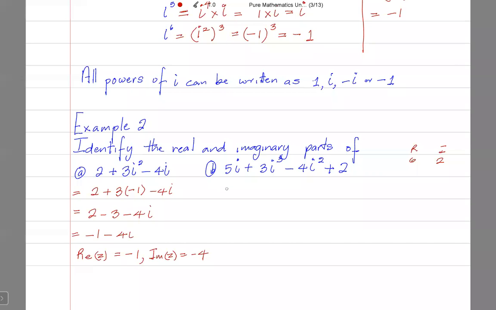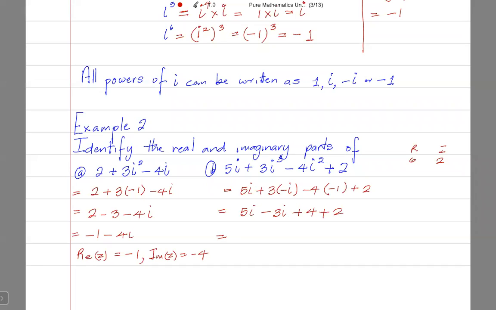All right, so this is actually 5i. I cubed, I think, is minus I, so this is plus 3 times minus I, minus 4 times I squared, which is -1, plus 2. So here we have 5i minus 3i plus 4 plus 2.